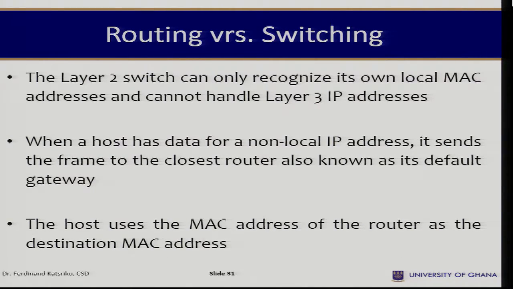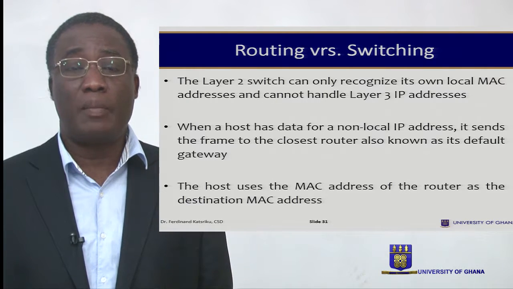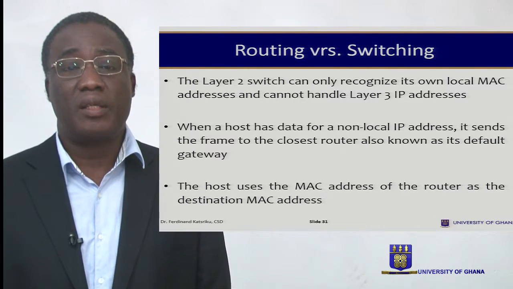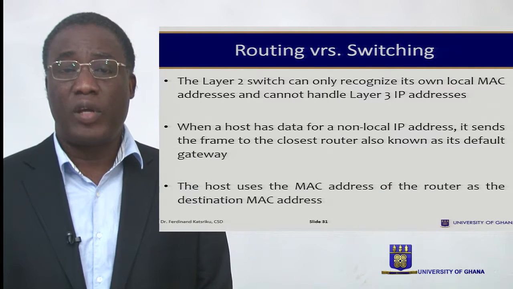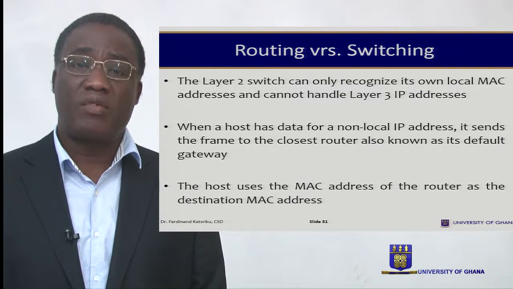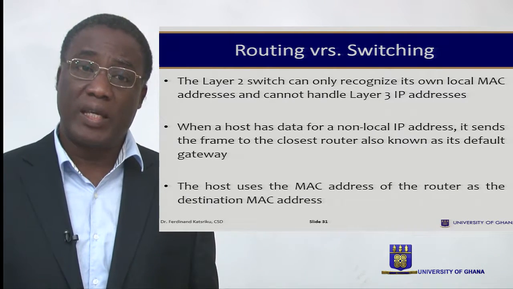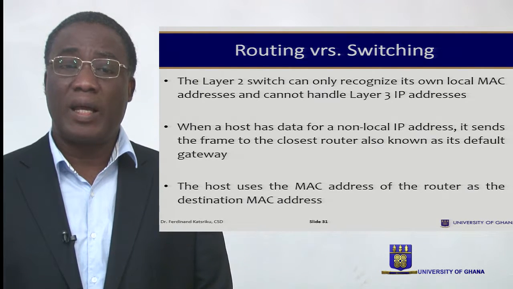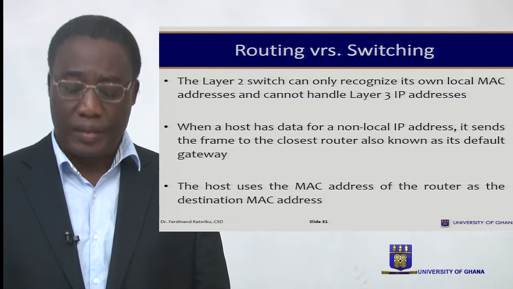So we have said that a layer 2 switch can only recognize its own local MAC address and cannot handle layer 3 IP addresses. When a host has data for a non-local IP address, it sends the frame to the closest router, also known as a default gateway. The host then uses the MAC address of the router as the destination MAC address.